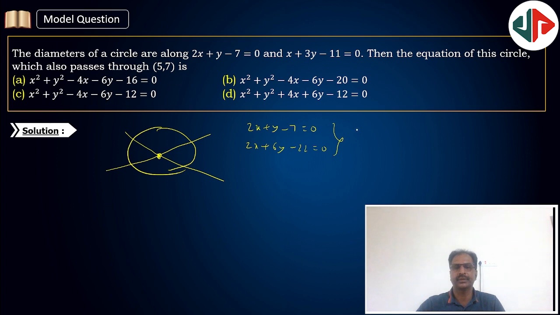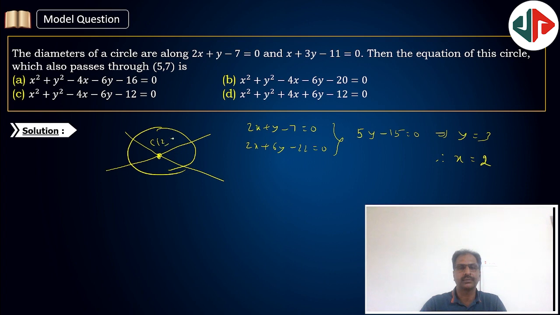By elimination method, we subtract, 5y minus 15 is equal to 0, you get y is equal to 3. Therefore, x will be 1. y is 3, right? x is equal to 2. So the center is 2 comma 3.